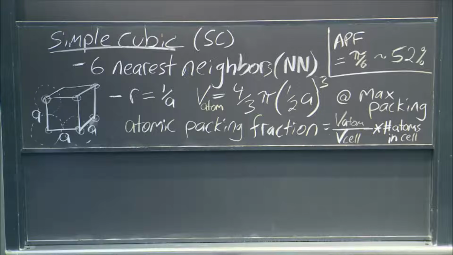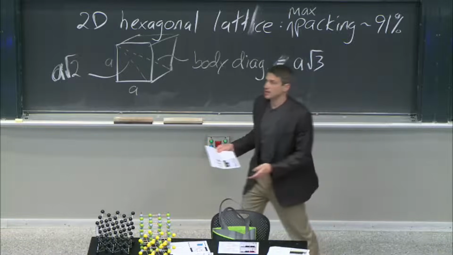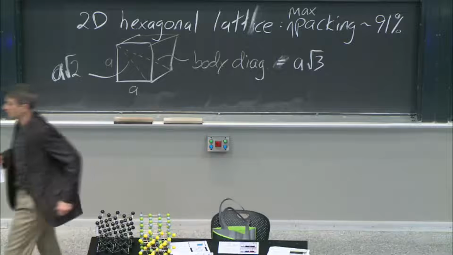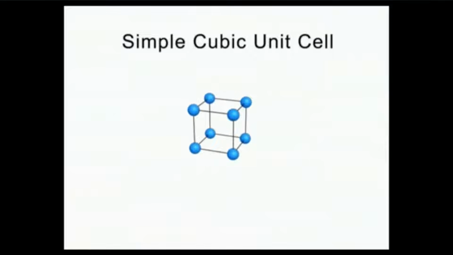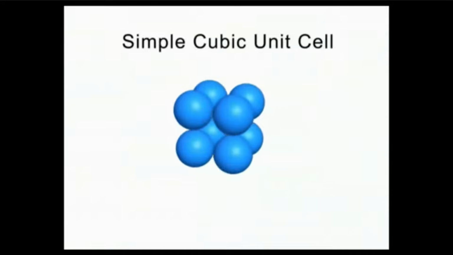So here's a video with the laser coming in, and you're going to really see this will come to life a little bit. Cells have particles at the corners of a cube. The simple or primitive cubic unit cell has particles at the corners only. In reality, the particles lie as close to each other as possible.